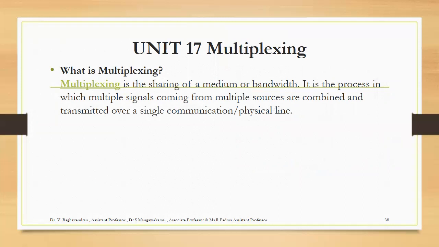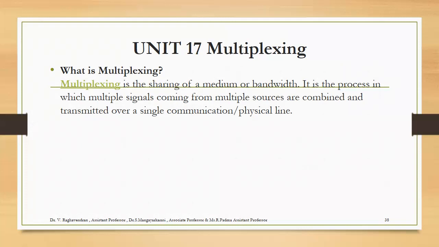Next topic, multiplexing. This is a very important thing in communication networks. So what is meant by multiplexing? It means the sharing of a medium or bandwidth. We combine multiple inputs and generate a single output.